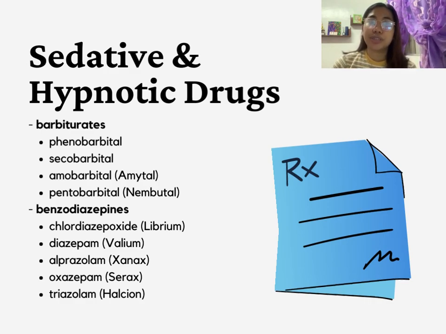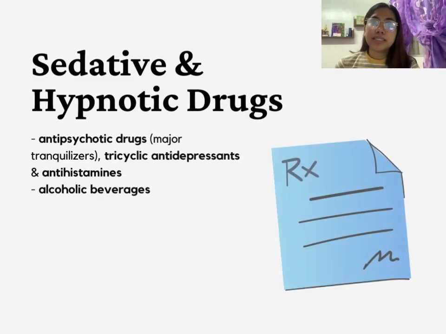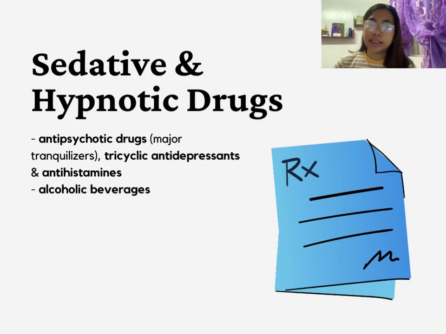They are, however, intended only for short or medium-term use, since the body does develop a tolerance to them, and withdrawal symptoms like anxiety and restlessness can develop even in those who have used the drugs for only 4 to 6 weeks. Antipsychotic drugs or major tranquilizers, tricyclic antidepressants, and antihistamines can also induce drowsiness, though this is not their primary function.